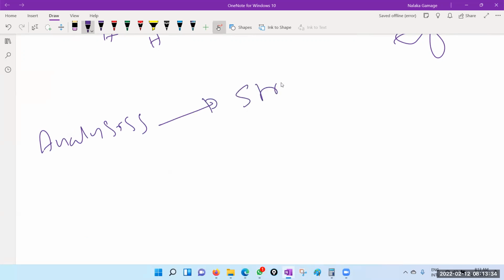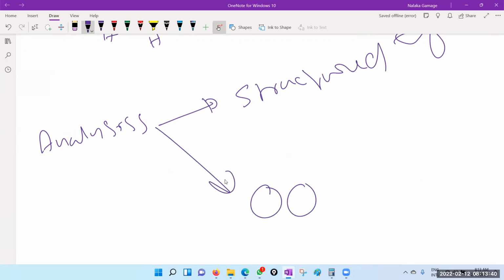So, structured analysis and object-oriented analysis. If you are doing structured analysis, you are supposed to do structured design and structured programming. If it is object-oriented analysis, you can go for object-oriented design and object-oriented programming.